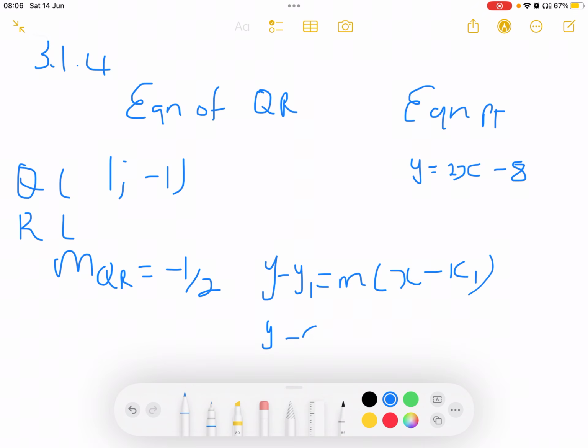So y minus negative 1 equals negative a half times (x minus 1).